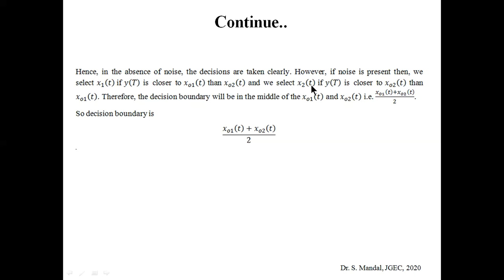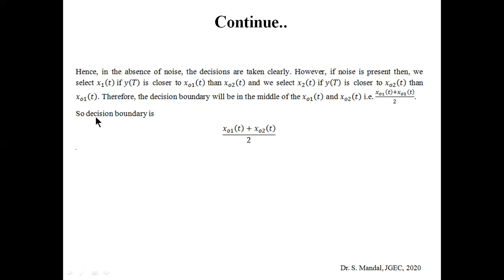And when y(t) is closer to xo2(t) than xo1(t), then the decision will be in favor of x2(t). So the decision depends on the values of both xo1 and xo2. Therefore there is a decision boundary, and that decision boundary is nothing but the middle point of xo1(t) and xo2(t).